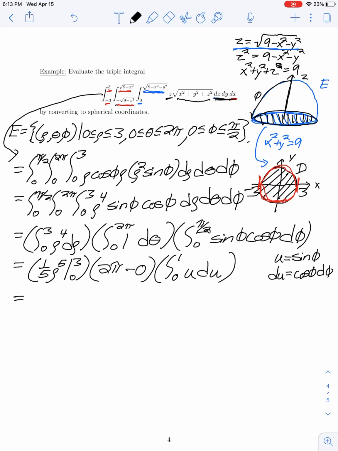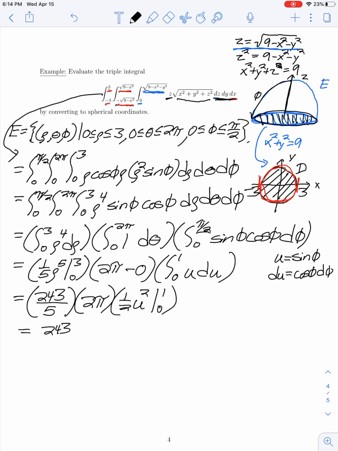So evaluating this first term, when we plug in 3 for rho, we have 3 to the 5th, or 243 over 5, times, this middle term was 2 pi. And then the antiderivative of this last term is 1/2 u squared, evaluating from 0 to 1. So let's see what we're left with.